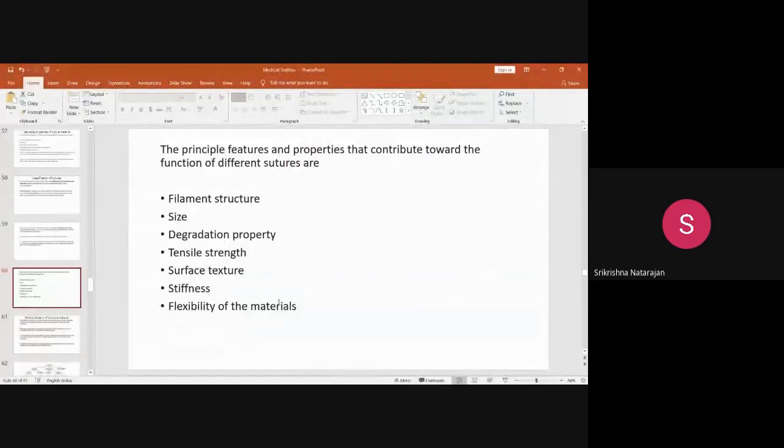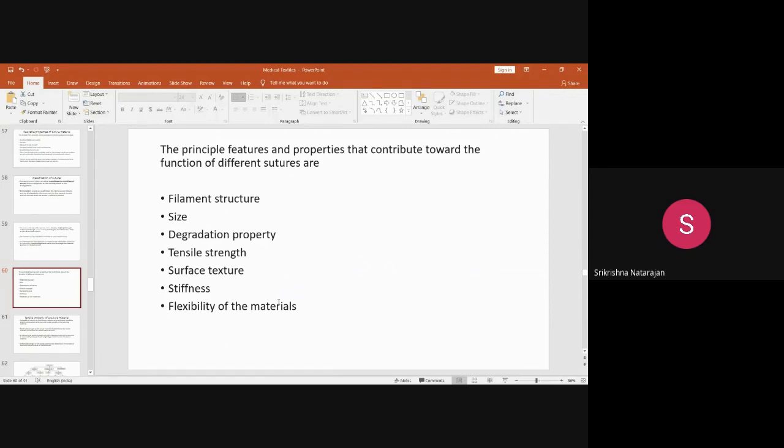And next is the tensile strength, a very important thing which we are going to see now. And surface texture: whether the texture is smooth for handling, whether it can easily penetrate inside the tissues, whether it has good lubrication to penetrate the tissues.